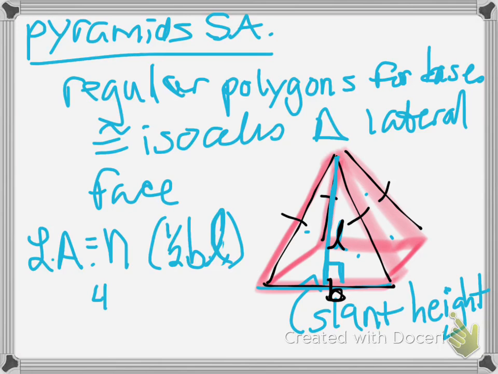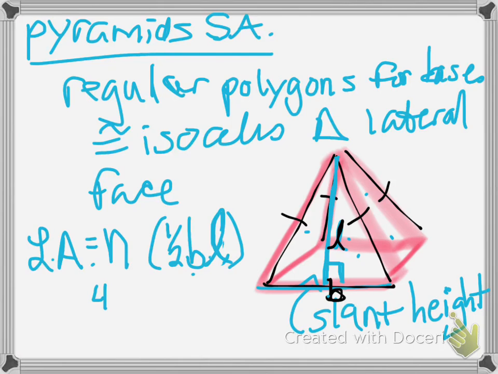Okay, so in this case, your n would be 4, because you have 4 distinct lateral faces, and then you would plug in whatever your base number is and whatever your slant height is, in order to find the lateral area.